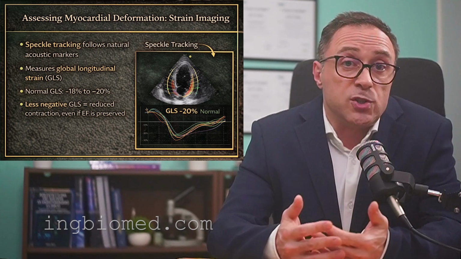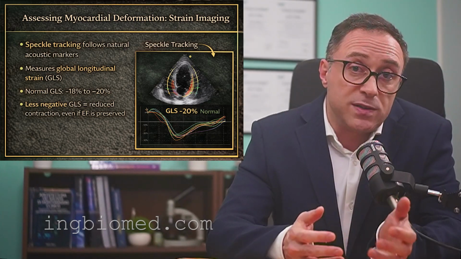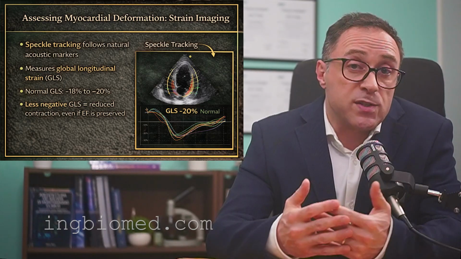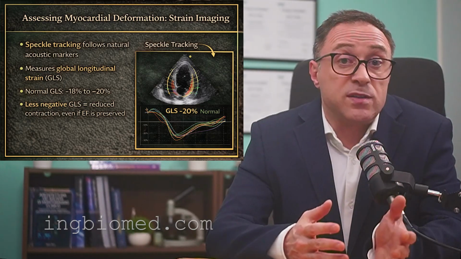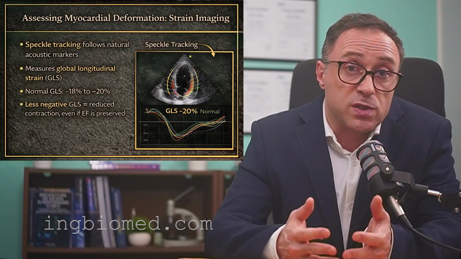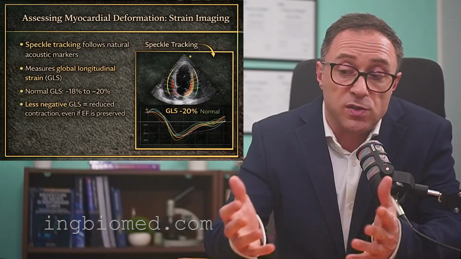In normal conditions, values are around minus 18 to minus 20%. When these values become less negative, it means that the contractile function is reduced, even if the ejection fraction is still preserved.